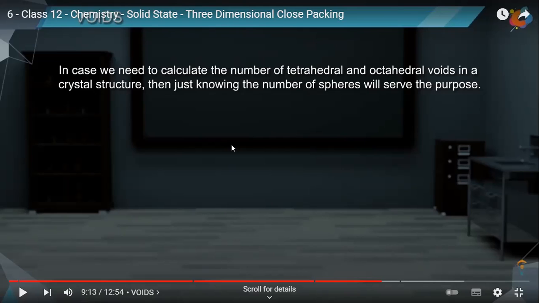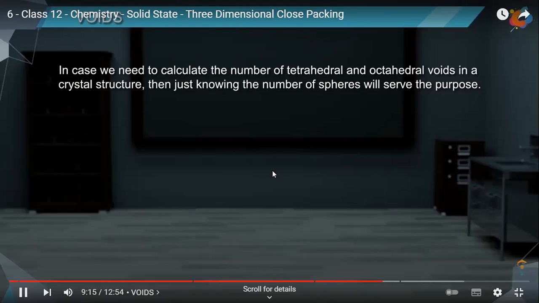Guys, answer. What is the formula for the tetrahedral voids and the octahedral voids? If there are n number of spheres in the given solid, tetrahedral voids will be 2n, octahedral voids will be n.